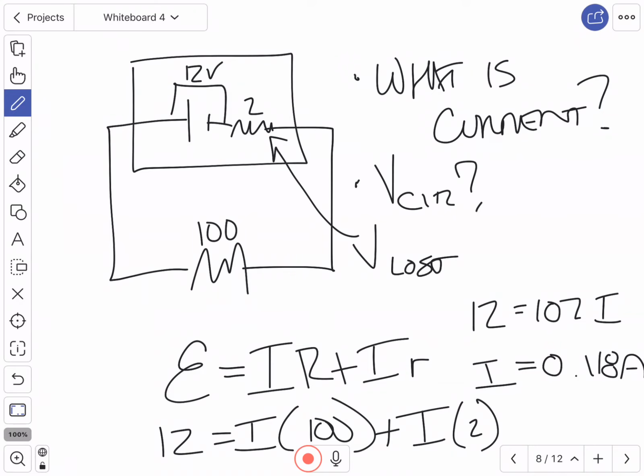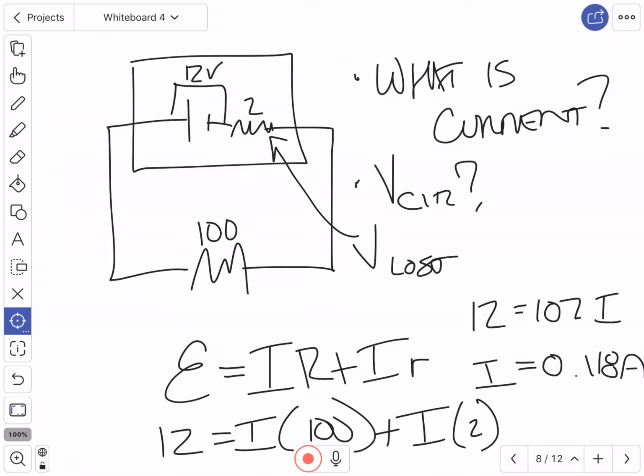I'm going to go out to 3 sig figs here because this internal resistance is so much smaller. If we were to round this to 0.12, it really doesn't work out very well. So keeping that third sig fig actually helps us see what's going to be happening here.